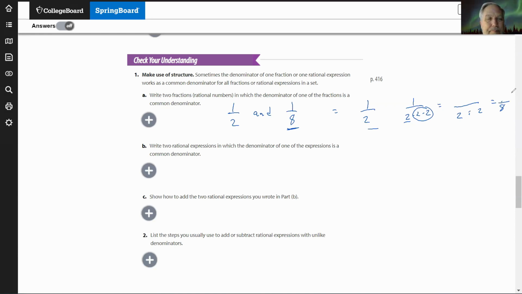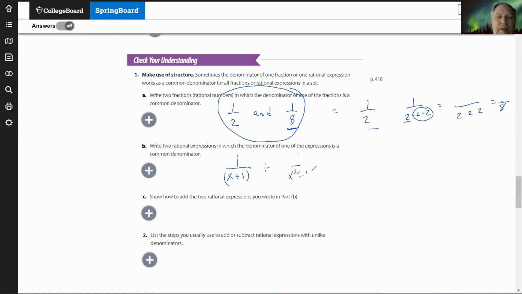B, write 2 rational expressions in which the denominator of one of the expressions is the common denominator. Okay, so again, just like this one right here, 2 fractions. Now here, though, we want to do this with something other than fractions. So it would be something like maybe we had 1 over x plus 1, and, in this case, 1 over, let's just say, x squared minus 1.